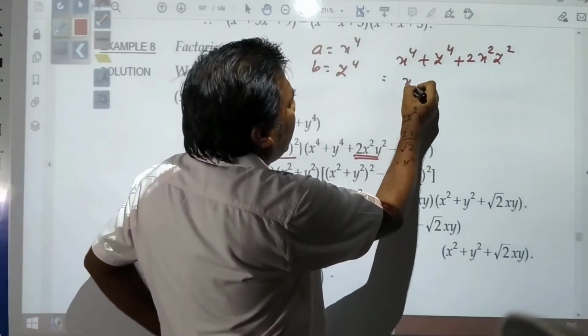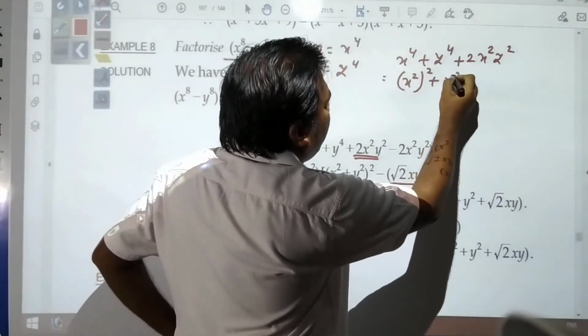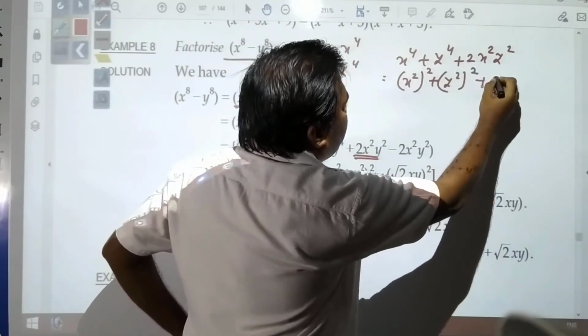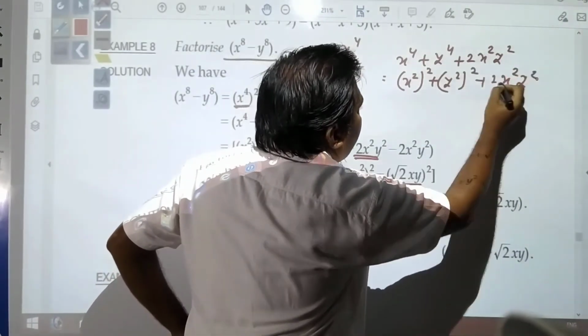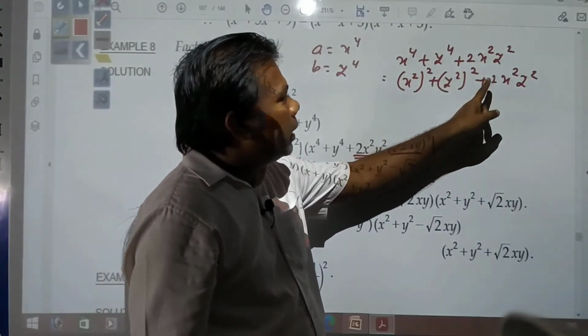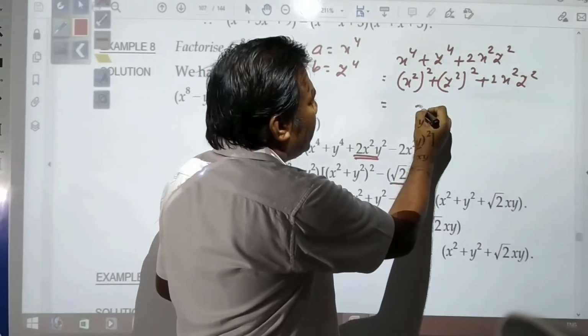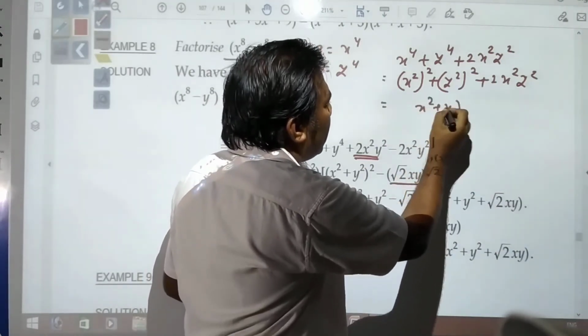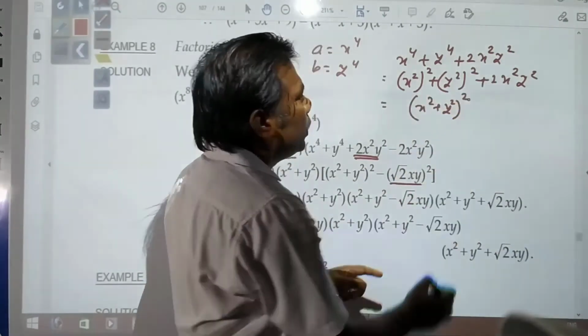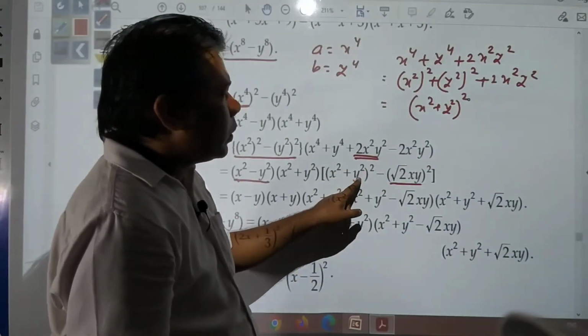This can be written as x square to the power 2, y square to the power 2, plus 2x square y square. Means what? a square plus b square plus 2ab. So this will be a plus b whole square, means x square plus y square whole square. So this you have got, x square plus y square whole square.